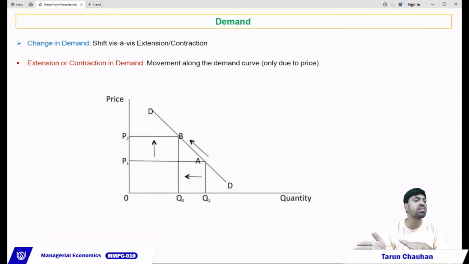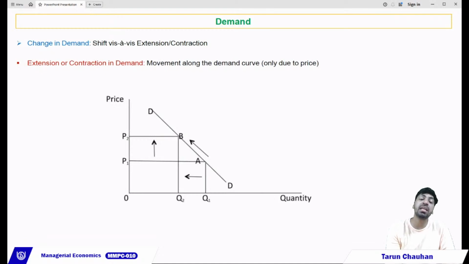If we talk about vice versa, it's called extension. If there is a decrease in price that is more than the change in quantity demanded, it's called extension. So this is how to show contraction in demand.